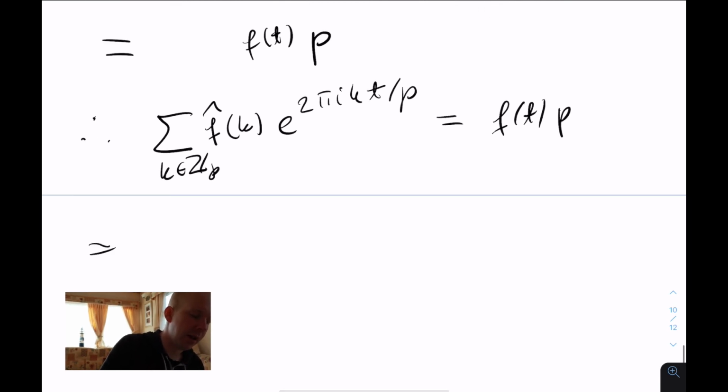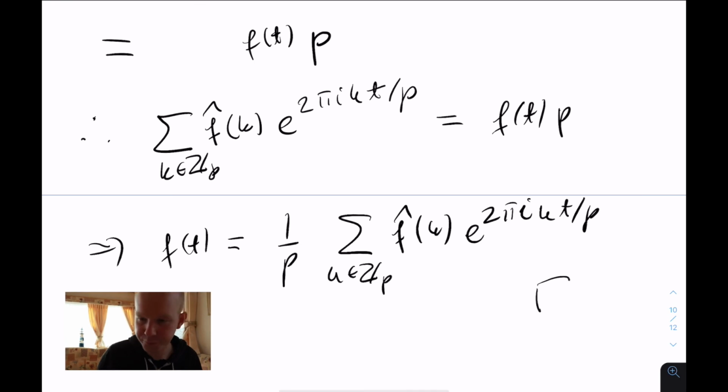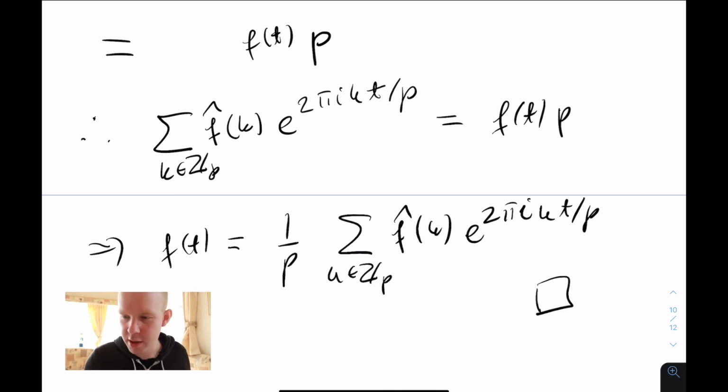So this implies that f of t is equal to, as we claimed, 1 over p times the sum over k in Z_p of the Fourier transform of f at k, times e to the power 2 pi i k t over p, as we claimed. So that's the proof, and using this expression we can then immediately define the notion of inverse Fourier transform.